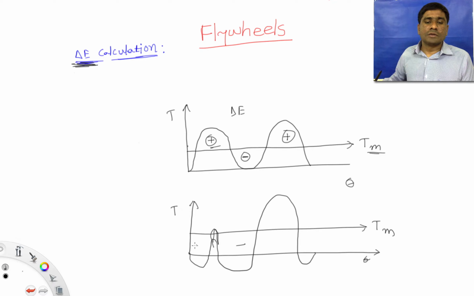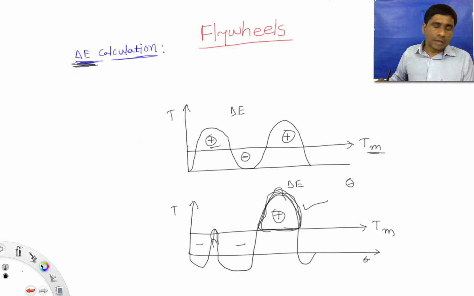This is the deficit, but compared to all of these, this is the much bigger one. Here I have written it, I haven't drawn it, showing this as a bigger area. So directly we can take this as delta E. That means the area above the T mean can be taken as the maximum fluctuation of energy.